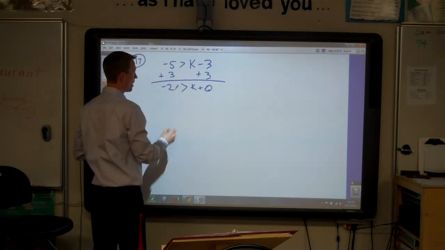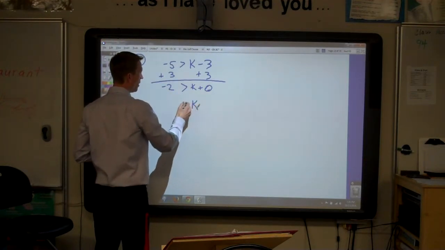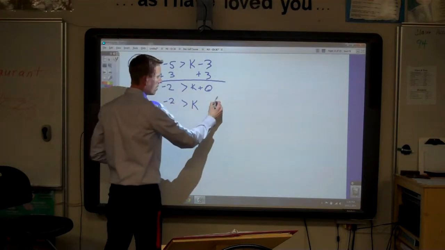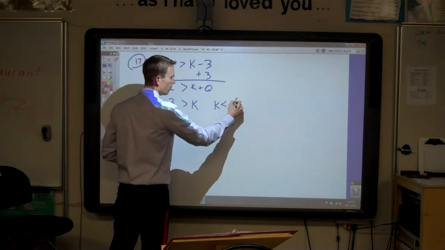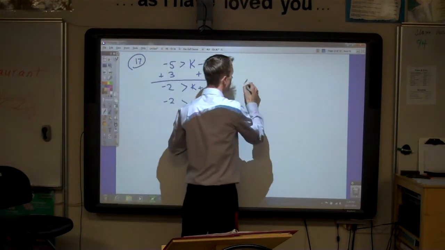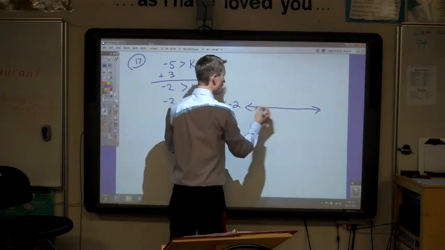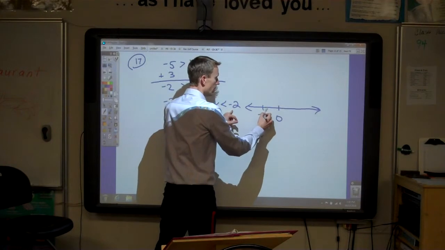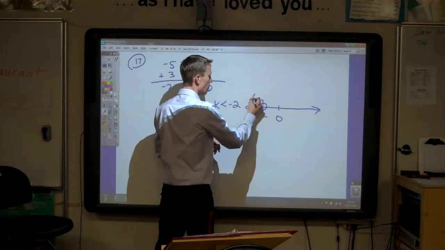Negative 5 plus 3 is negative 2. So negative 2 is greater than k. That makes k less than negative 2. Remember, we can turn the whole thing around so that when we graph it, this is graphing what k is compared to negative 2.